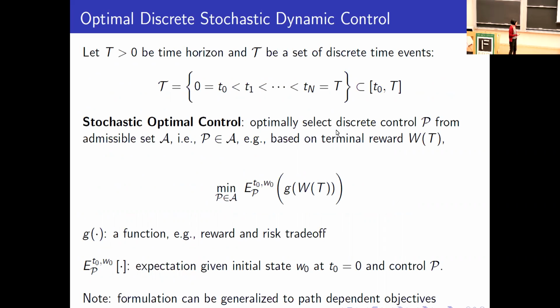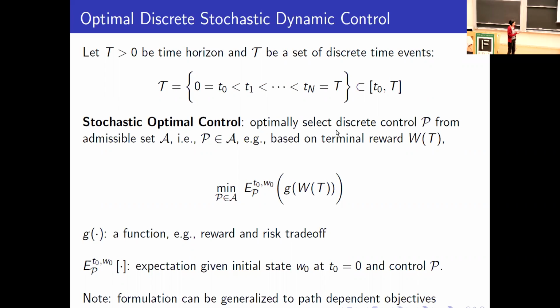We have a time horizon, and mostly I'm interested in a long-term horizon, a 30 year investment horizon. And we are looking at a stochastic optimal control problem. Basically, we're trying to make decisions at each of the n time points, let's say every year for 30 years. Our goal is to pick the control, or the sequential decision, so that it's optimal in some objective. For example, it could be based on the terminal wealth of your portfolio.